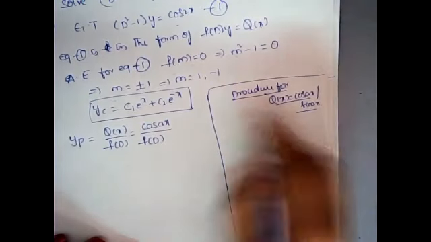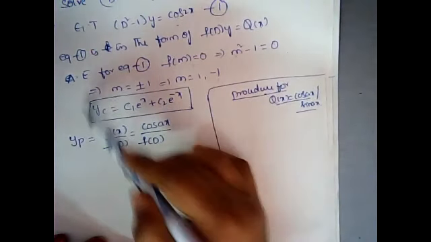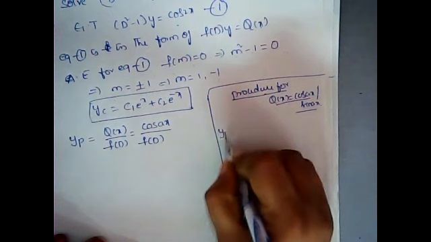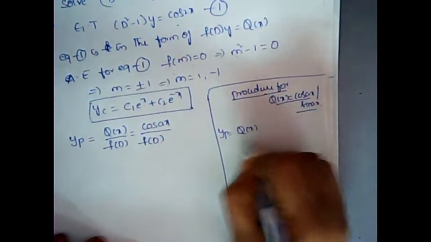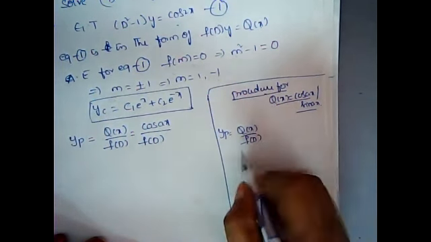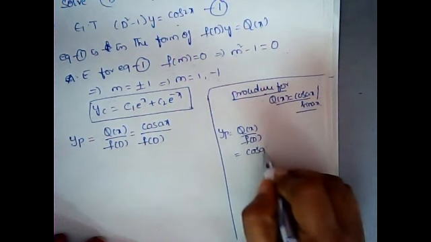First we find yc from the given equation, and then yp is taken in the form Q of x by f of D, which is cos ax by f of D.